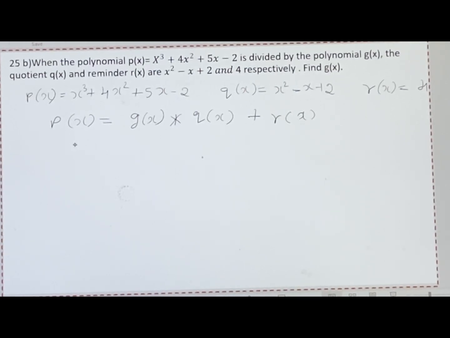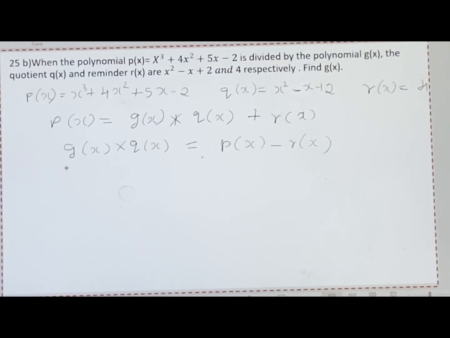Now we need to find g of x into q of x, equal to, take this r of x to this side. So we have p of x this side. So when r of x goes to that side, it will become minus r of x.